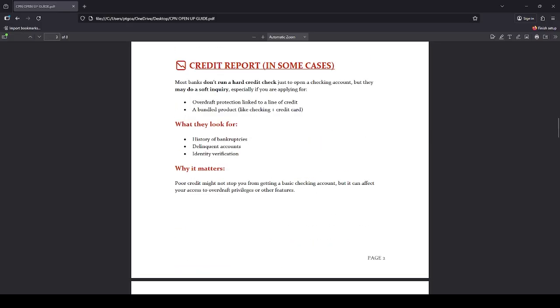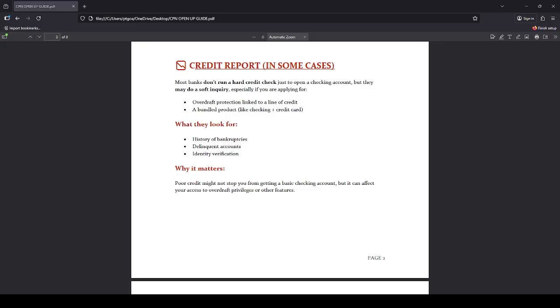Now, credit report. This is a very slept on one. I feel like, or not a slept on one, but very, very significant. You need to make sure that you have a credit report that is tri-merged with all three bureaus. You do not need to have a credit score, but having a credit score will probably help your case, obviously.